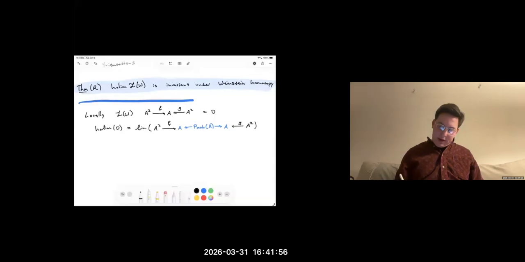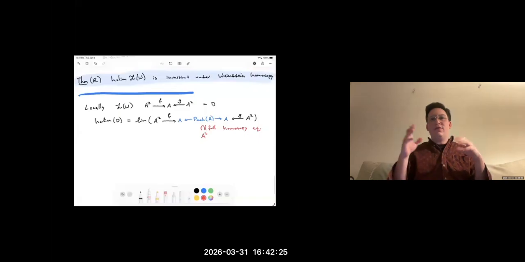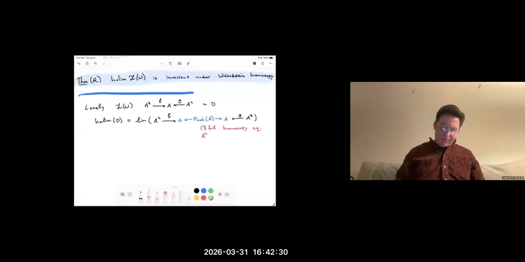This path category is the full subcategory of maps consisting of the homotopy equivalences. So those maps in A which have an inverse up to homotopy, or modulo exact maps. So that's what the paths are in A. You basically just take the groupoid that's inside A, and those are the paths.